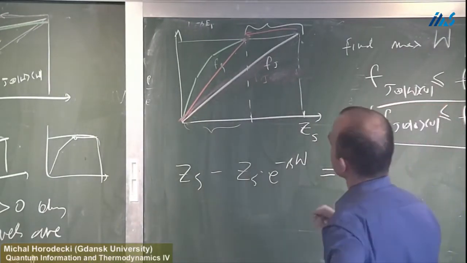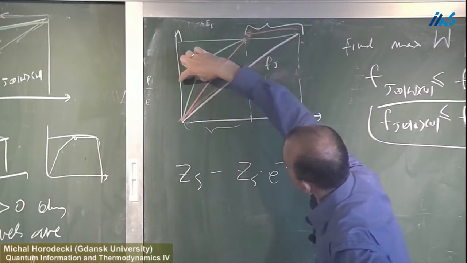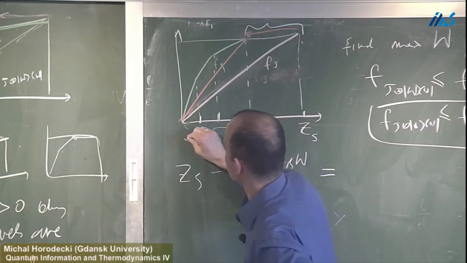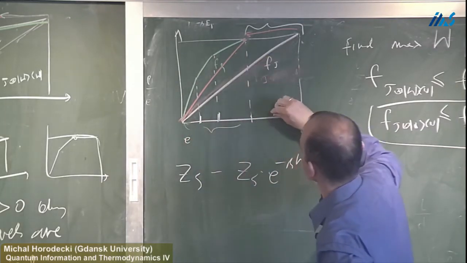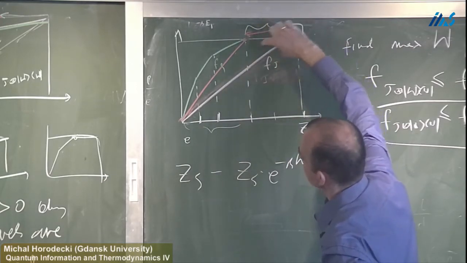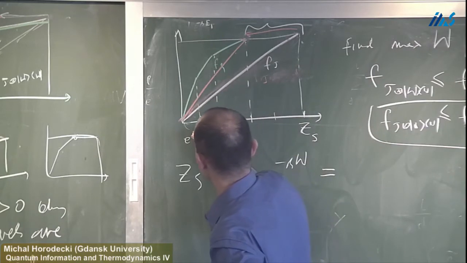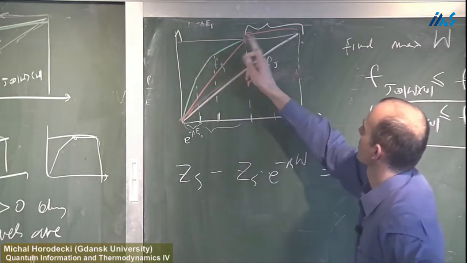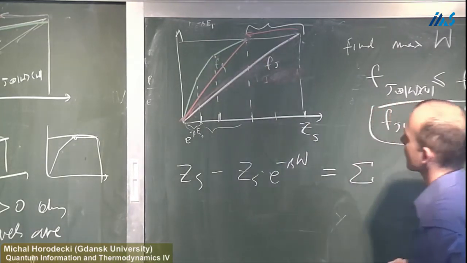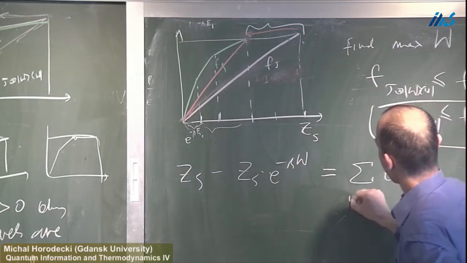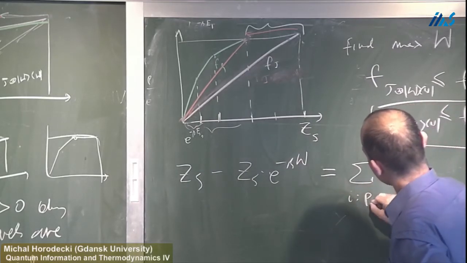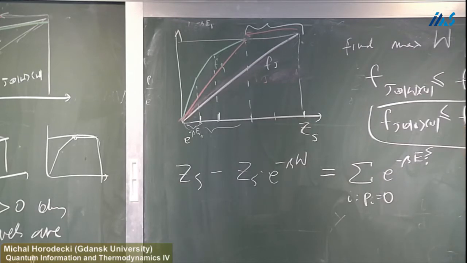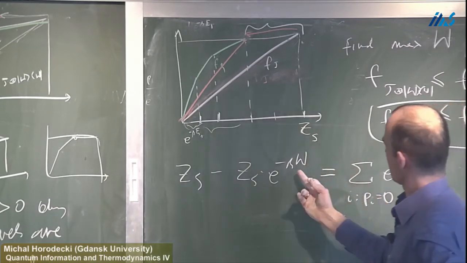On the other hand, let's see. What are these? These are the Boltzmann factors for occupied levels. Boltzmann factors for non-occupied levels are here. So what is this thing? These are the Boltzmann factors of all levels that are not occupied, times e^(-beta).